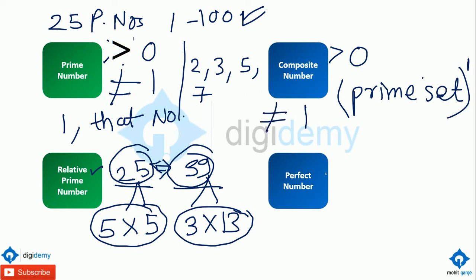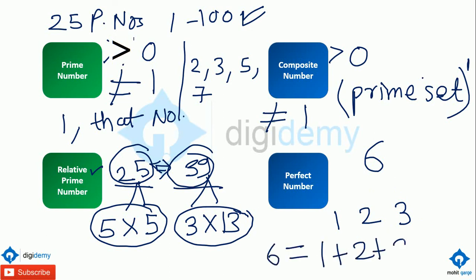Now let's see what are the perfect numbers. Perfect numbers are, I'll take an example. Let us say 6. What are the factors of 6? 1, 2, 3. These are the factors of 6. If you can see, 6 is equal to 1 plus 2 plus 3.